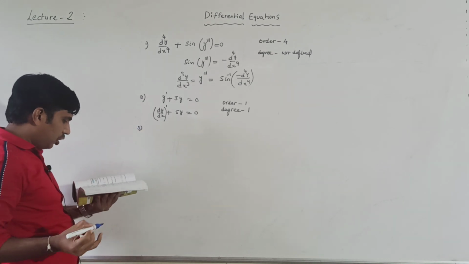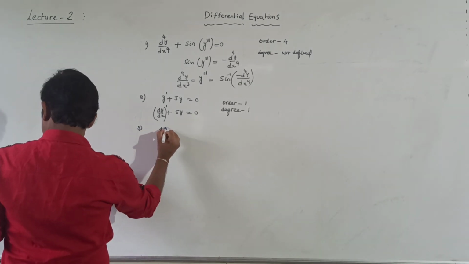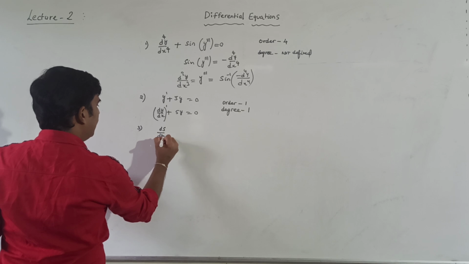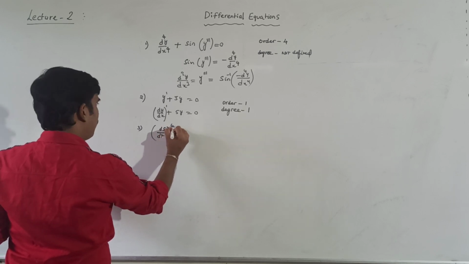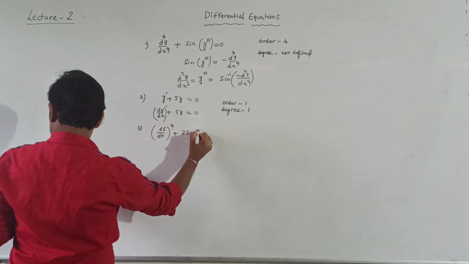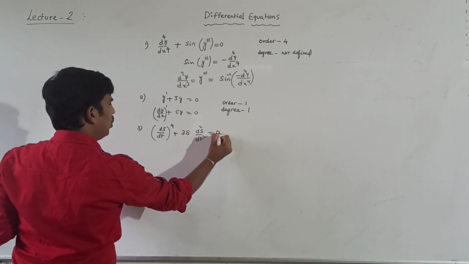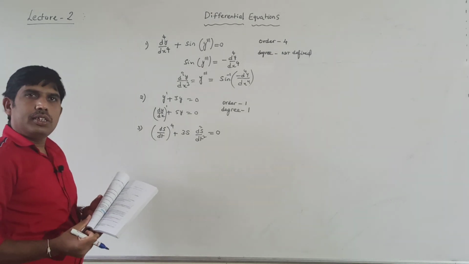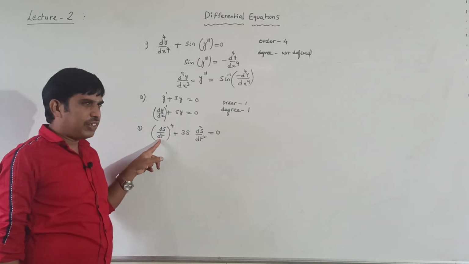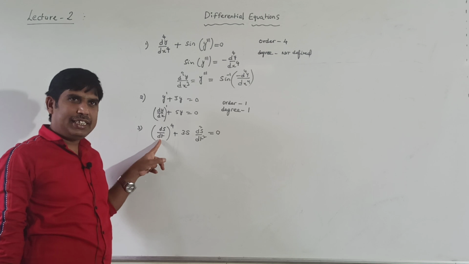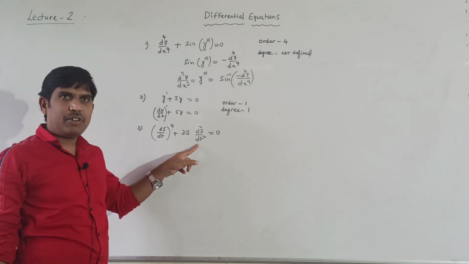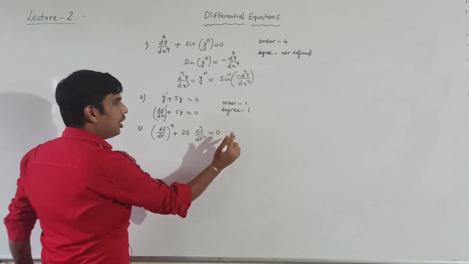Next, the third question: ds by dt whole power 4 plus 3s d square s by dt square is equals to 0. Here this is the first order derivative, ds by dt. This is the second order derivative, the highest order derivative.